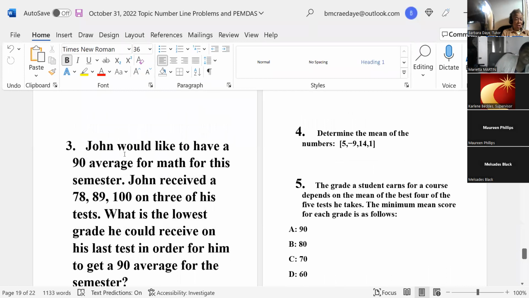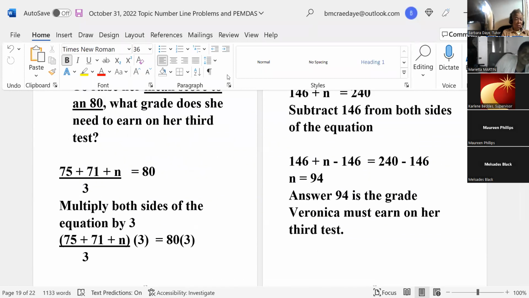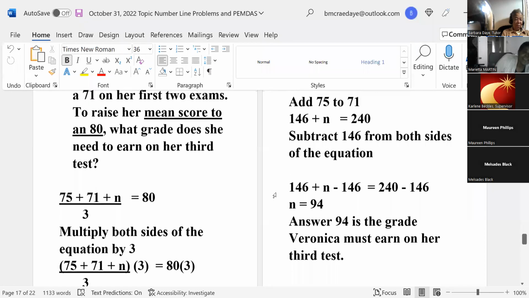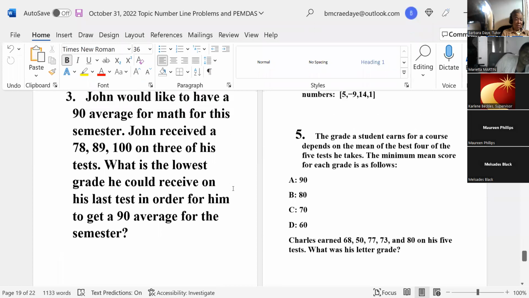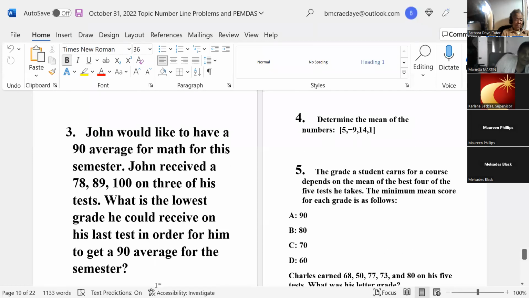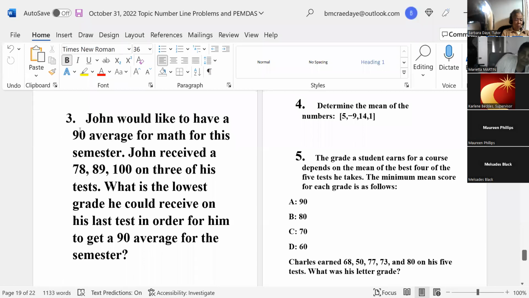John would like a 90 average. The one I just did, Veronica needed an 80 average, or an 80 mean. Remember, average is the same as mean, okay? So John wants a 90 average. That's the mean, right? Now, on 3 of his tests, this is what he has.